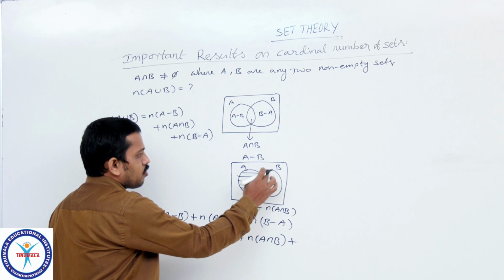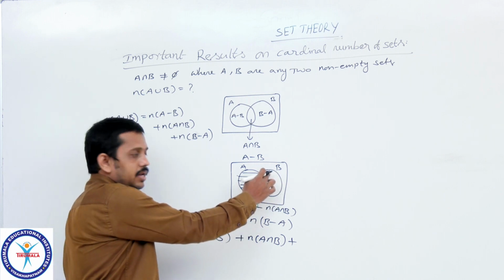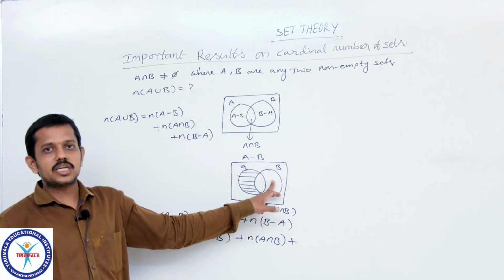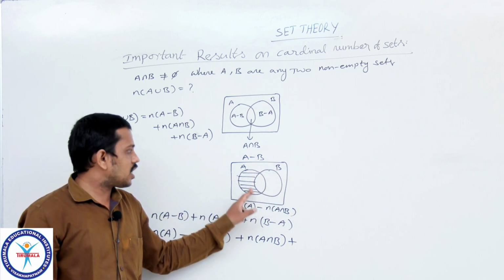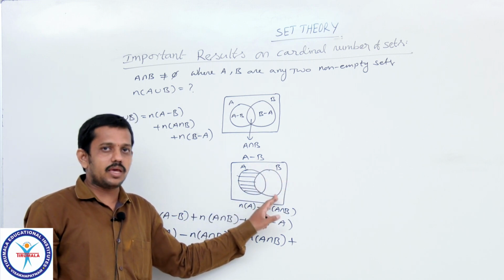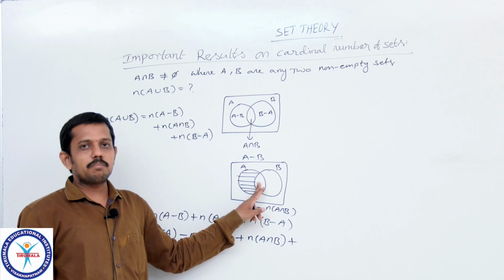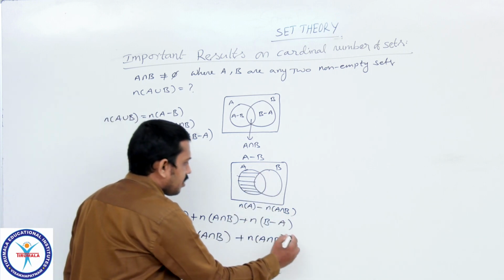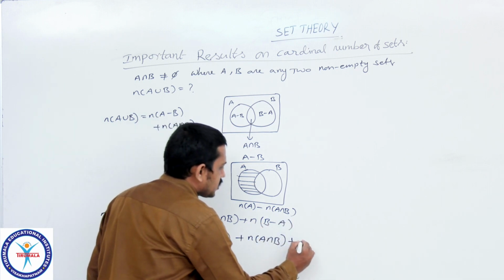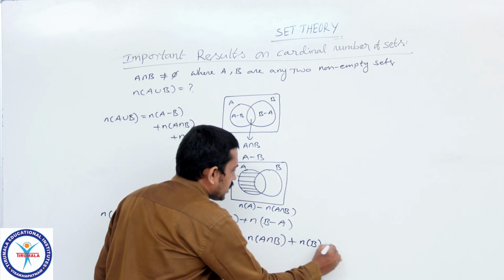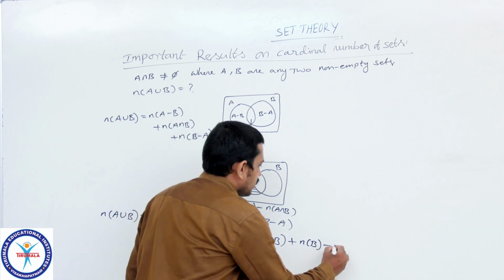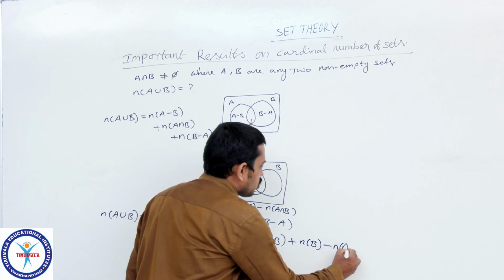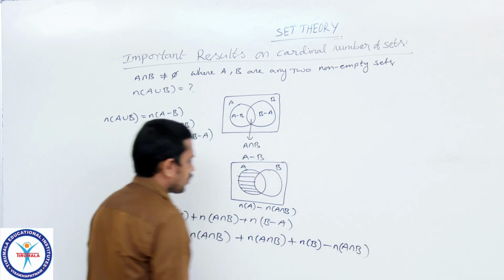The number of elements only belonging to set B is equal to the total number of elements in B minus the number of elements common to both A and B.